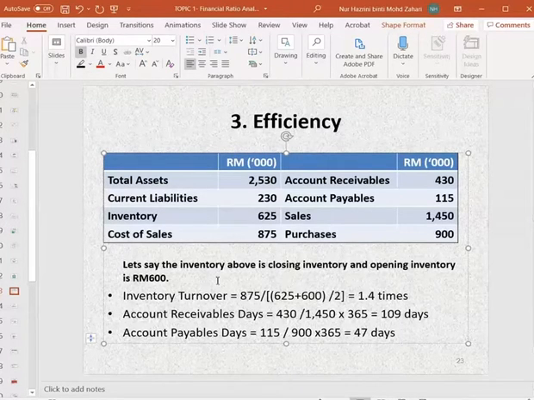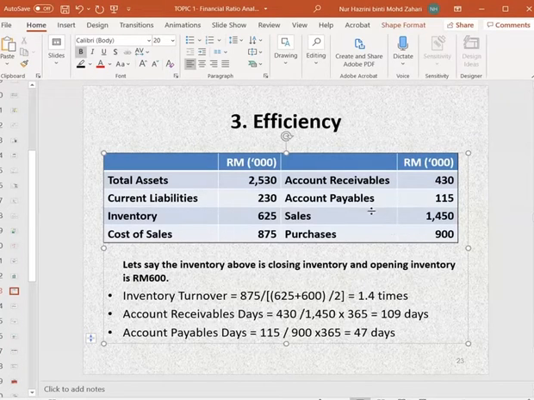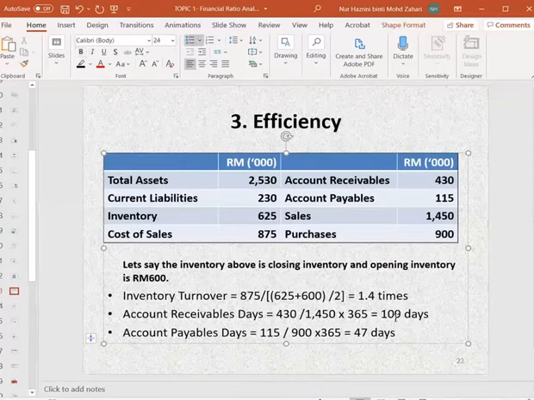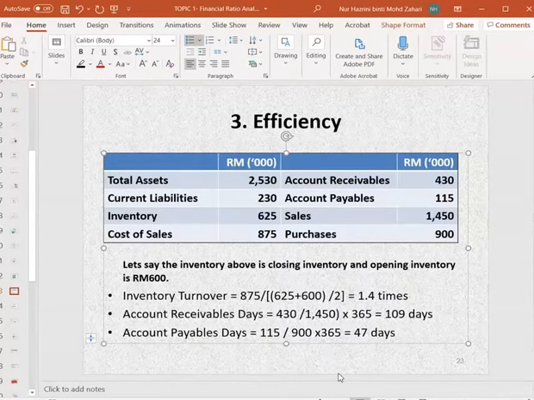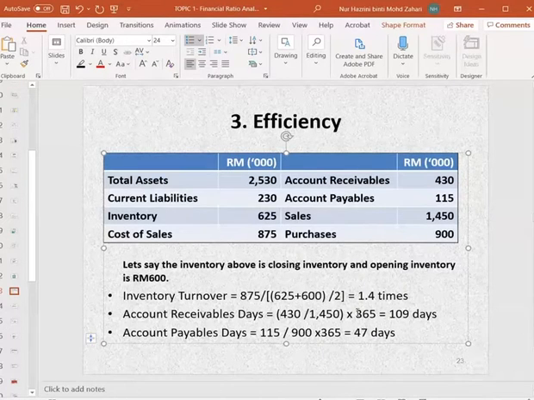For account receivable days, we take the account receivable, divide by the sales, total sales, times with 365. Okay, this is your formula. 430 divided by 1432 first, then times 365, not 1450 times 365 and then 430 divided by this thing.